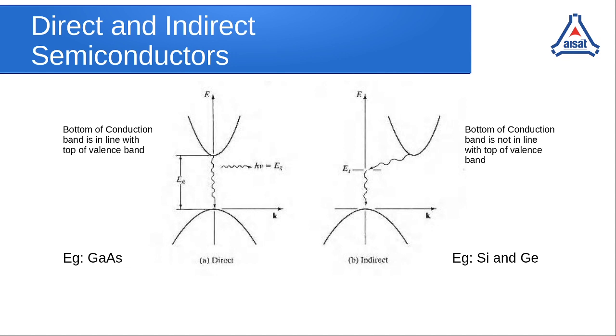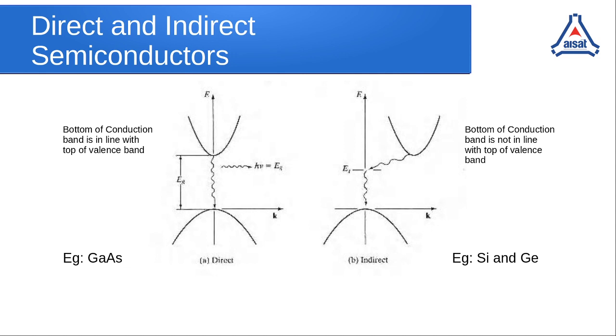Before classifying, we should understand that electrons move from the top of the valence band to the bottom of the conduction band, and the distance between the top of valence band and bottom of conduction band is the minimum distance that an electron has to travel to become free, or the distance to be traveled from valence band to reach the conduction band.